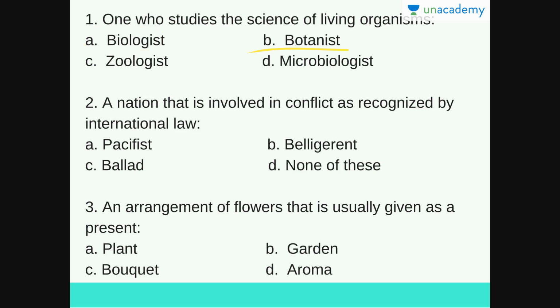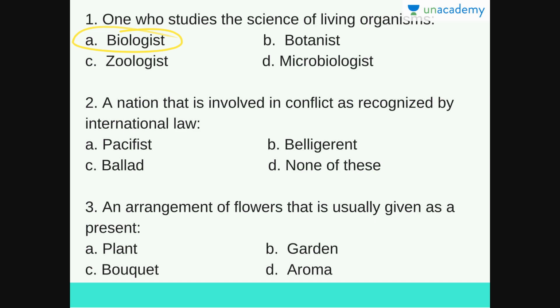A botanist is one who studies the science of plants exclusively. A zoologist is someone who studies the science of animals, and a microbiologist is a person who studies the science of microorganisms.